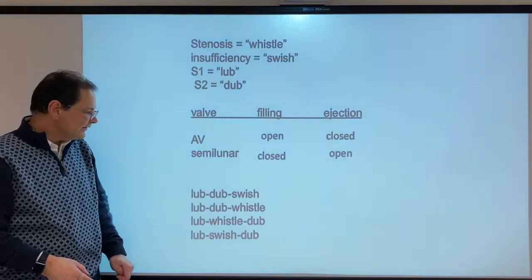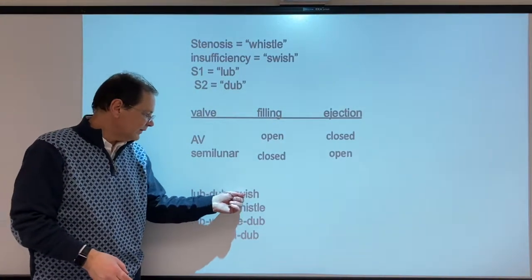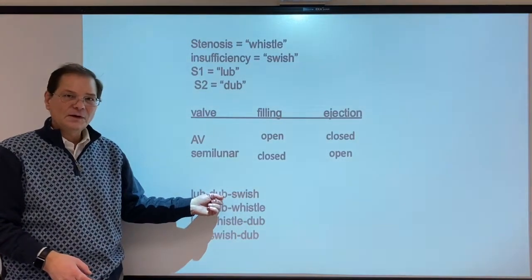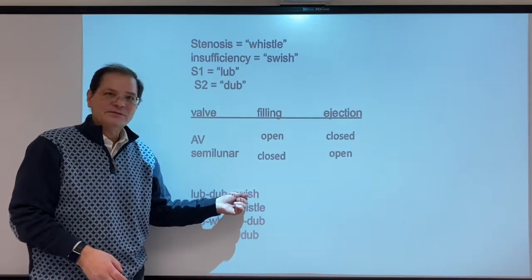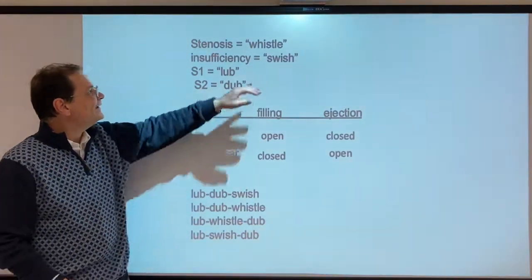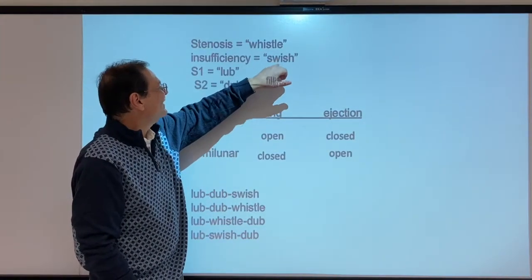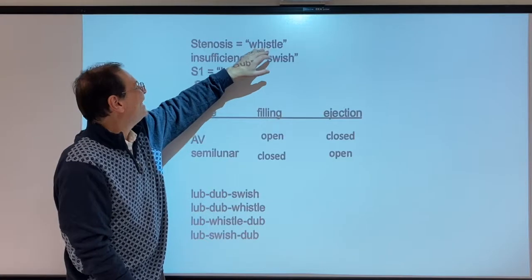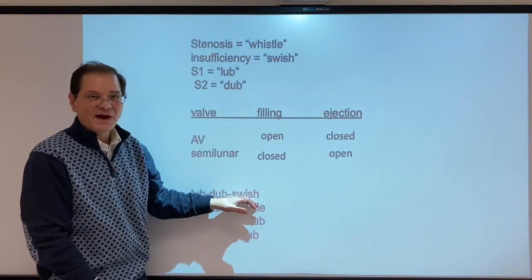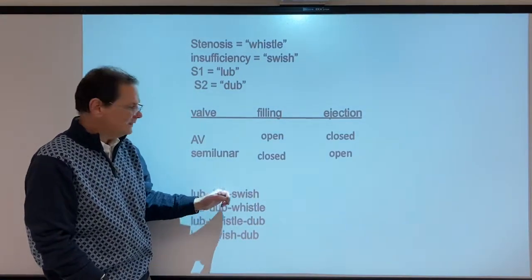So now, let's say we hear lub, dub, swish. The first thing you'll notice, the swish comes after S2, and that means it's happening during the filling phase, okay? So now, if we say that insufficiency causes a swish, and stenosis causes a whistle, we know that we have an insufficient valve, and we know that we're hearing it during diastole, during filling.